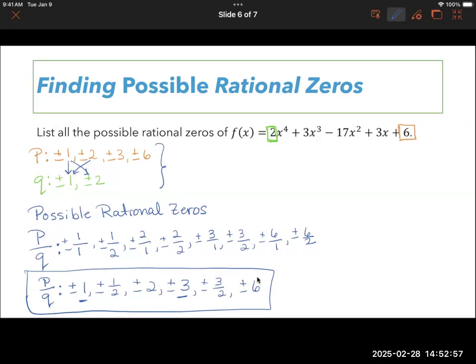So this just gives you a place to start. It gives you a list of values to work with, and then you would start testing these values to see what works, what actually gives you a remainder of 0. But at least it gives you a place to start. Rather than just randomly picking any numbers, you now know it's got to be among these if there's actually a rational 0.